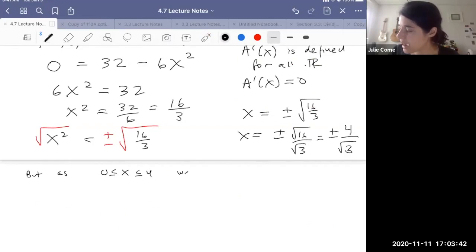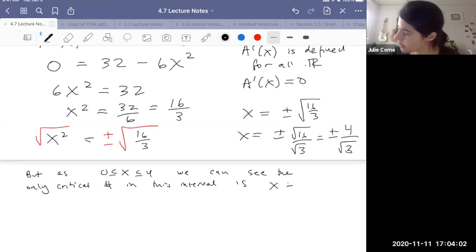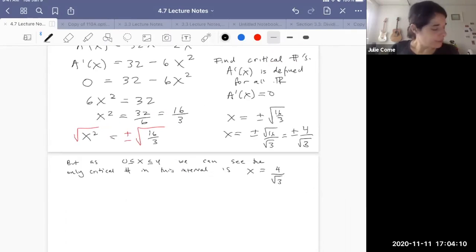We can see that the only one of our solutions that makes sense in this interval is going to be the positive version. So I get x is equal to 4 over the square root of 3. So that's our critical number.